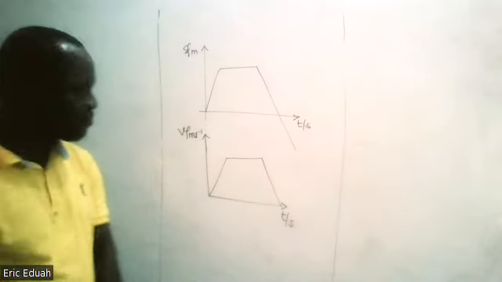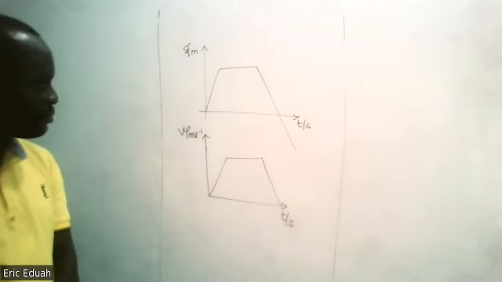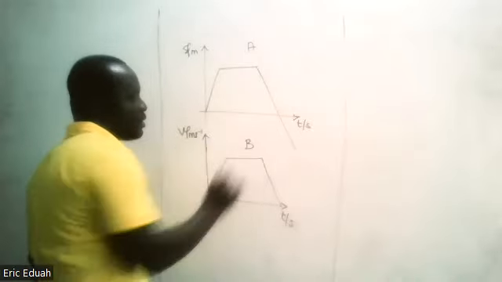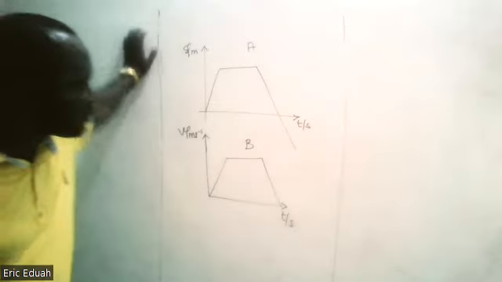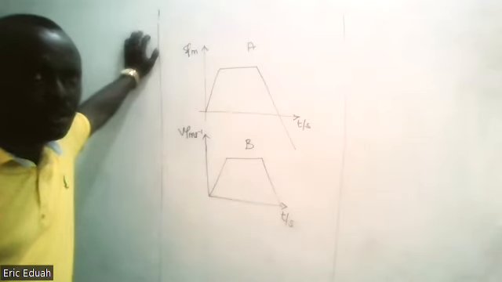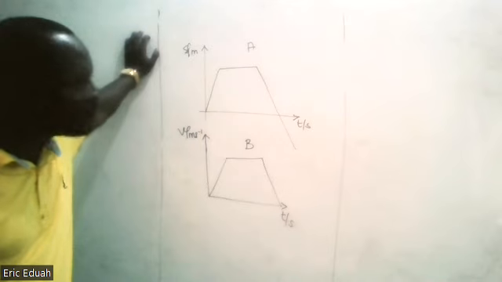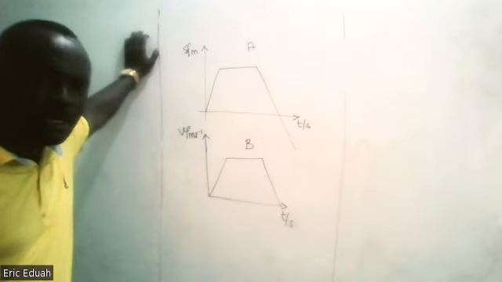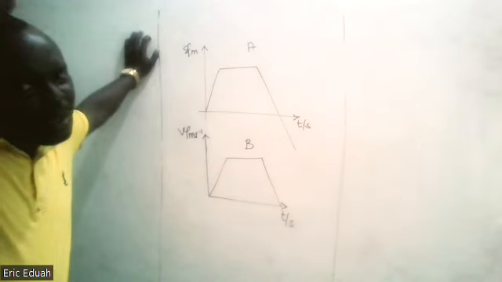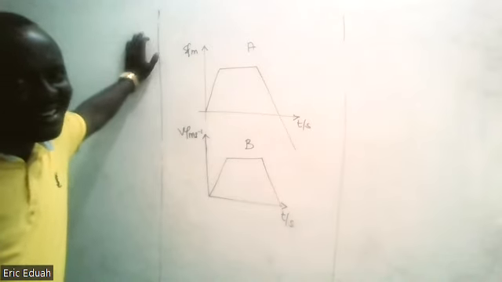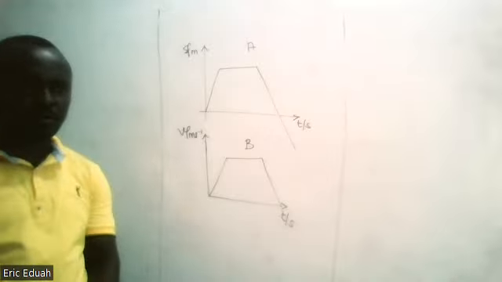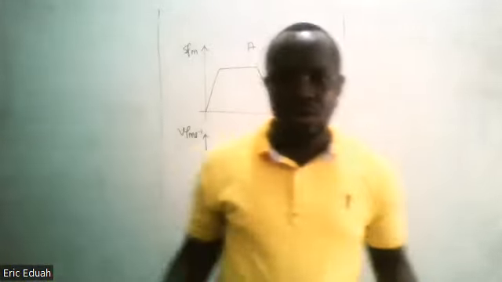A body starts from rest and then uniformly accelerates, to a certain point, and then moved with a constant velocity to a certain point and then decelerated. Okay, you see? Uniformly decelerated.